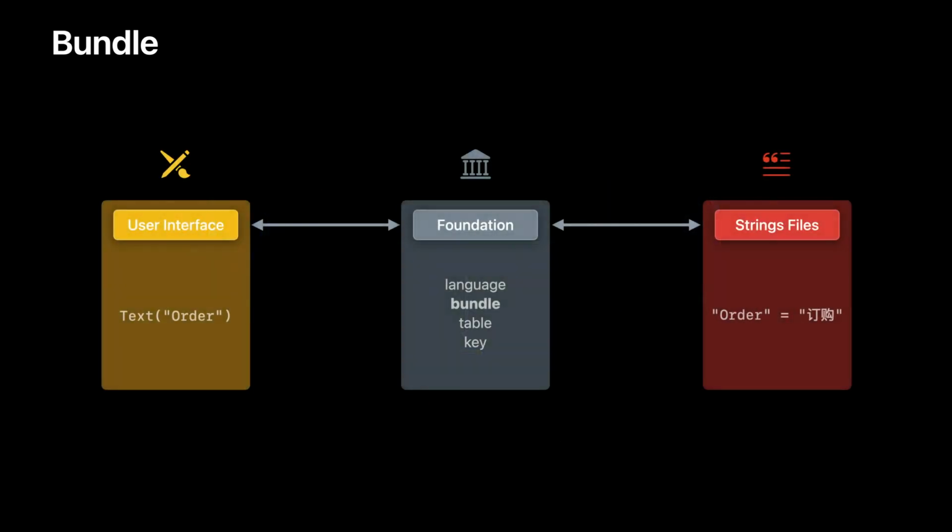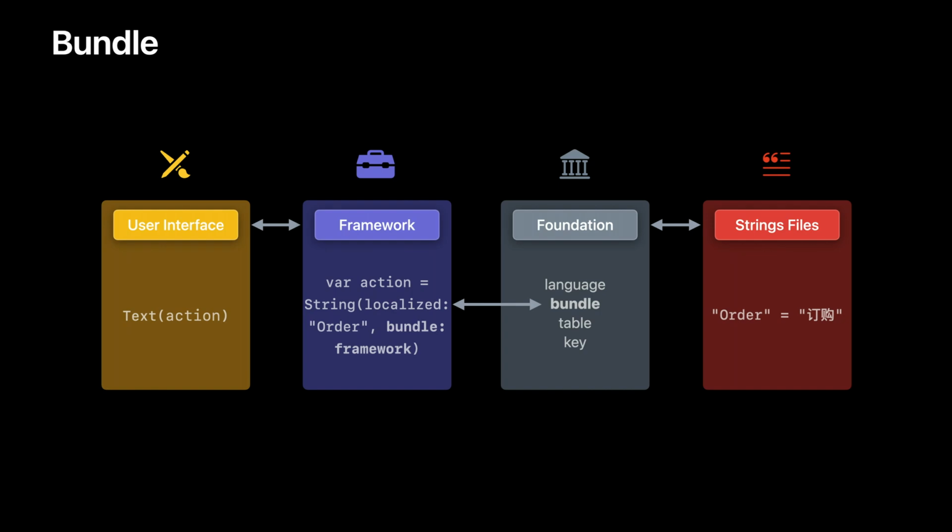Let's look back at our model. Only now we'll update it to make our app load the string provided by a framework. The framework defines a string and informs Foundation the translation is stored inside its own bundle in a strings file.